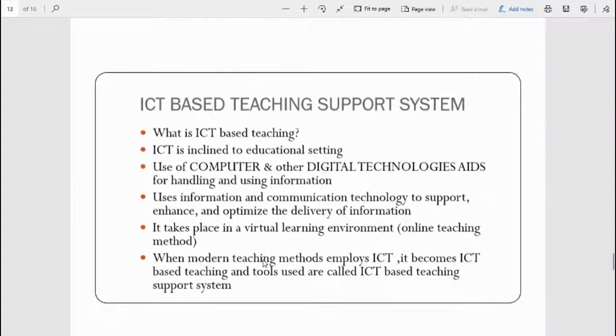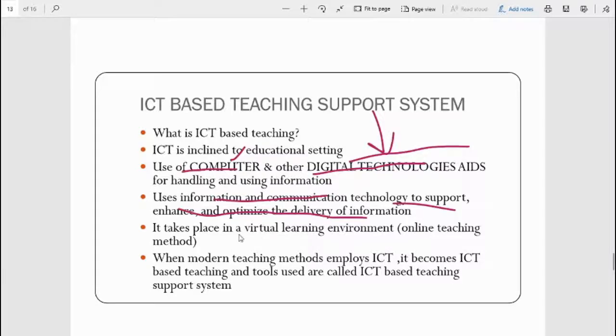Okay, the next one is the ICT based teaching support system. So what is ICT based teaching? ICT based teaching is nothing but the use of ICT, information and communication technology, to support, enhance and optimize the delivery of information. It uses computers as well as digital technology aids. This portion was missing in modern. There we had computers, but under ICT this is there.